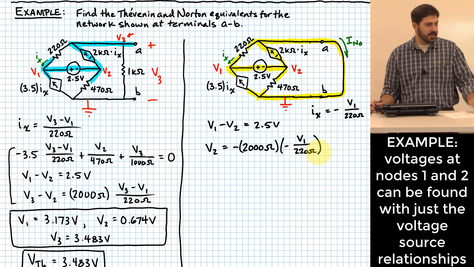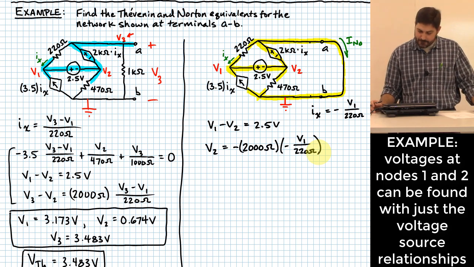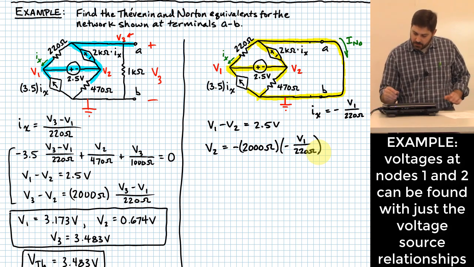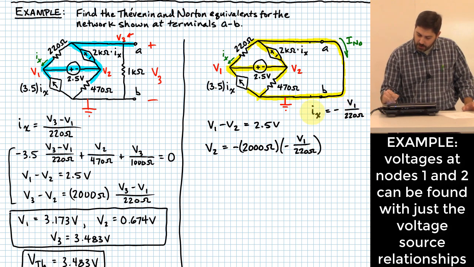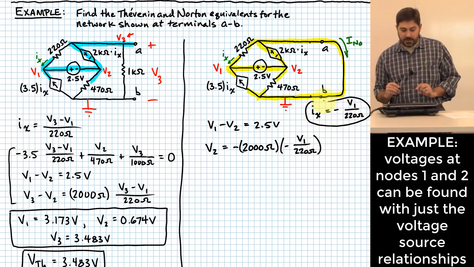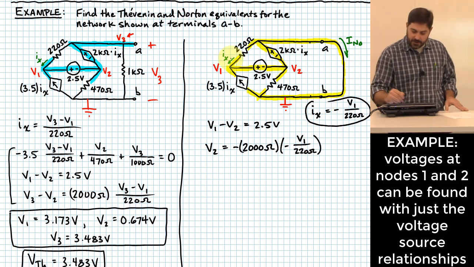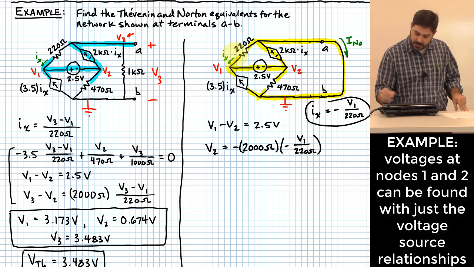Yes, ma'am. Okay, so why do I use negative V1 for this equation up here? Is that your question? So the reason I do that is that I defined IX as going this direction from ground up to the V1.